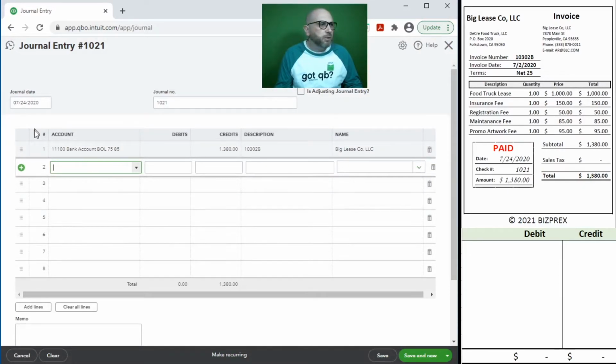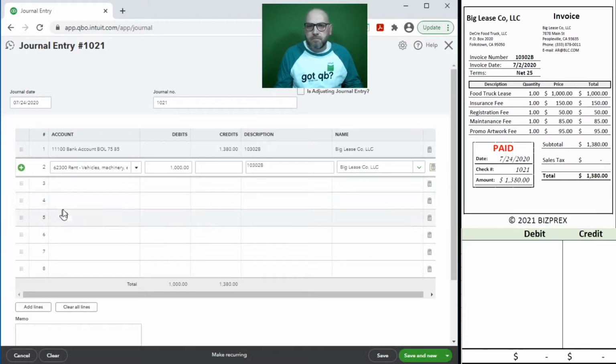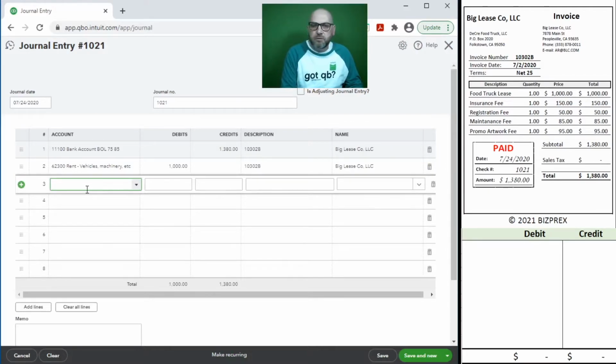Okay, now we're going to impact all those expense accounts, right? So first we have our rent. Okay, expenses always go up when debited. Next one, we have our insurance.